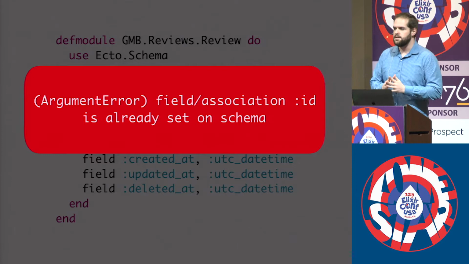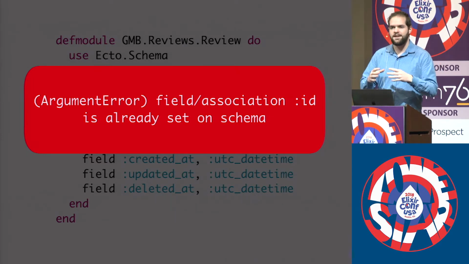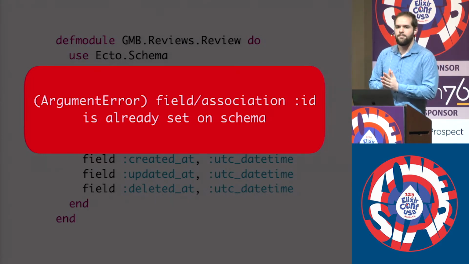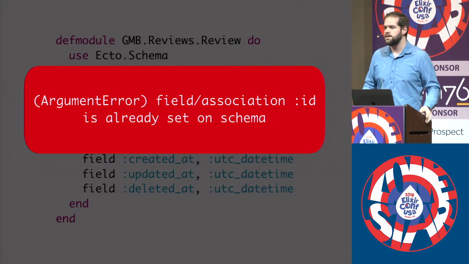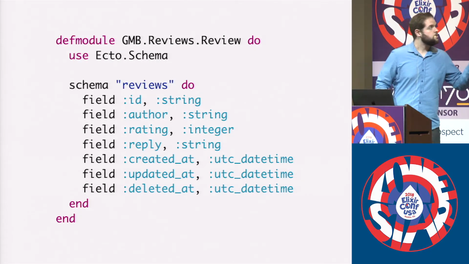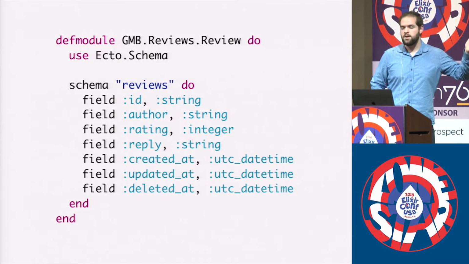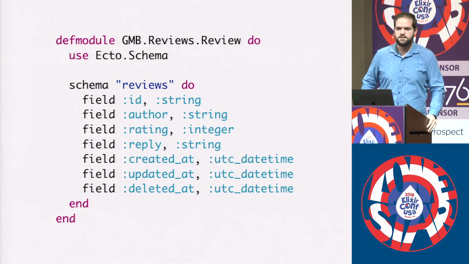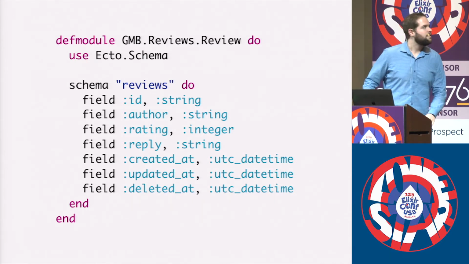This is because the schema macro has already created an ID by default. It creates a sequential ID. What we want in our schema is an ID that's a string, because that's what Google gives us. And this is surprisingly a little bit harder than you would think.